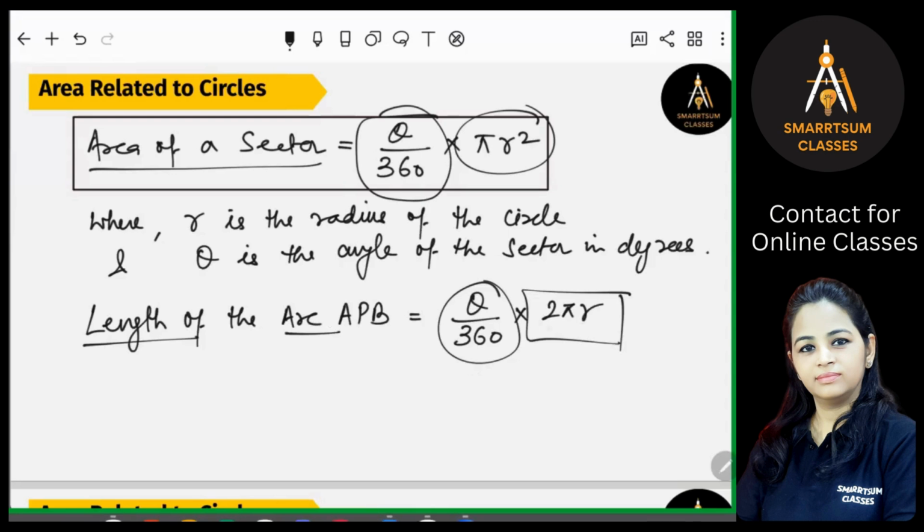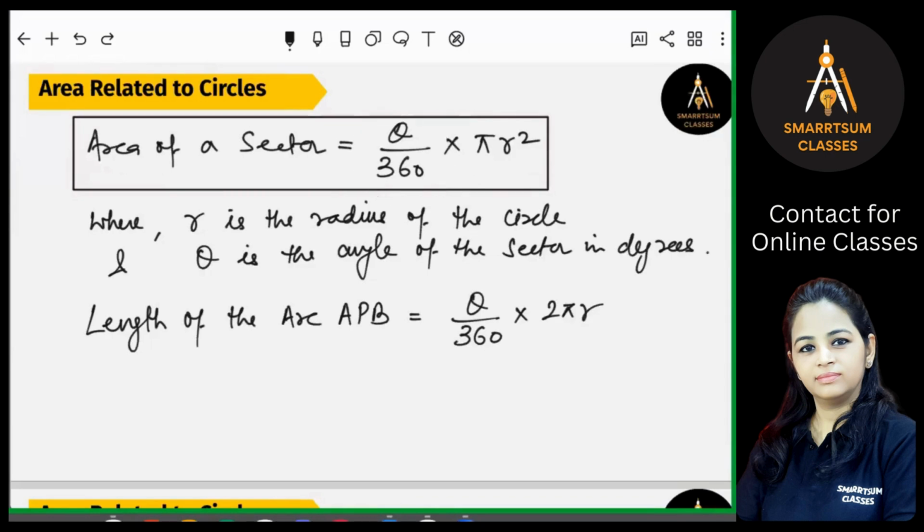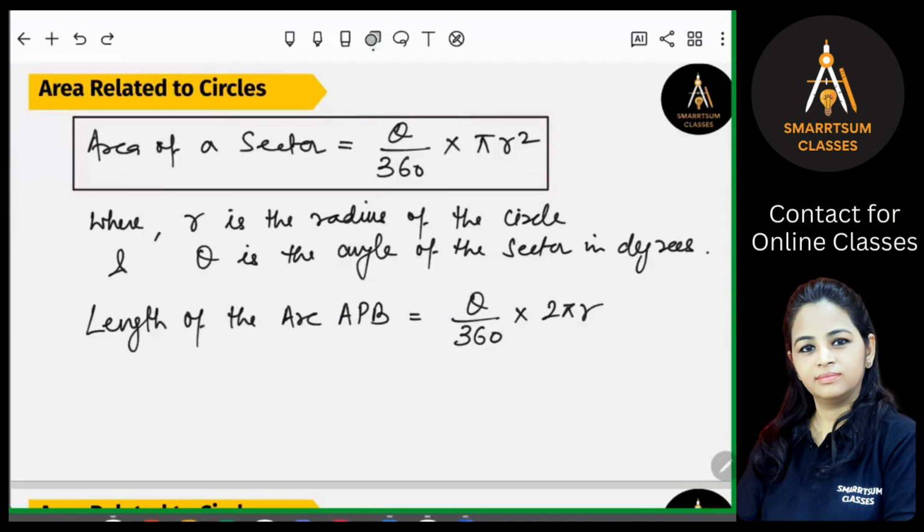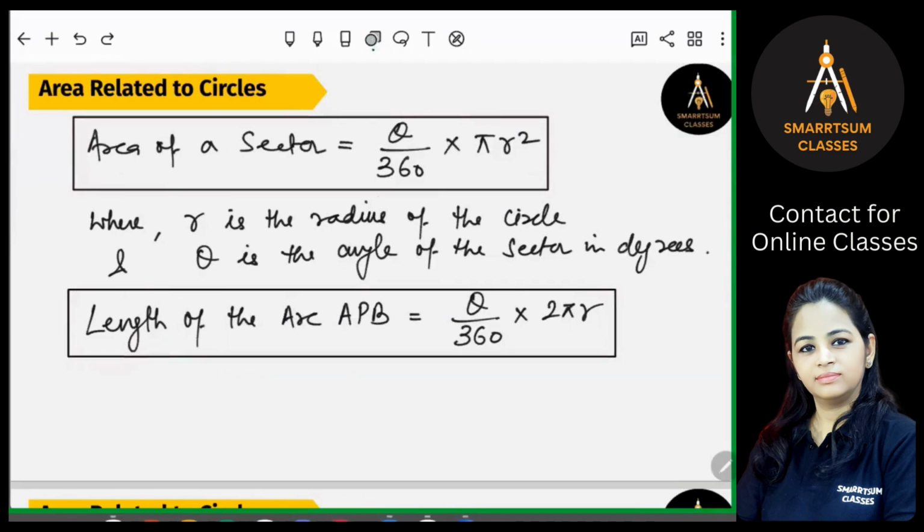So theta upon 360 into 2 pi r will give you the length of the arc APB, which is the arc of the sector. Now we can find the area of the sector as well as the length of the arc of that sector. This is one other formula. Is that clear?